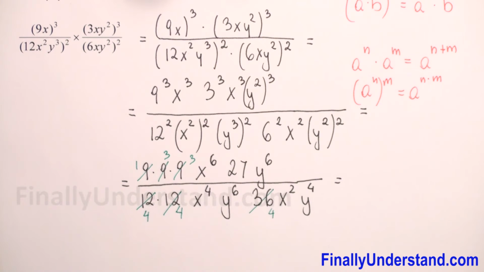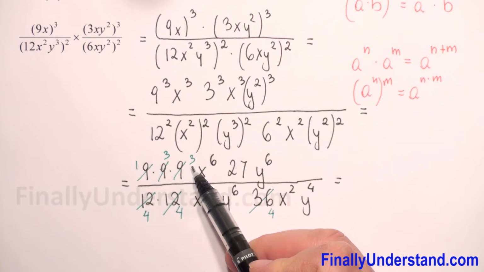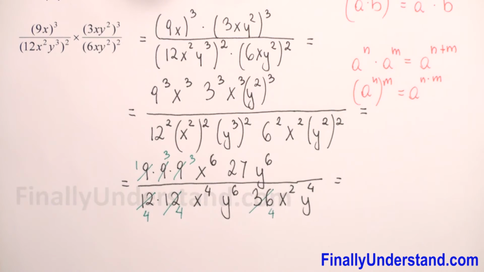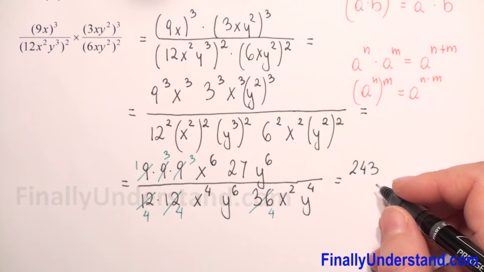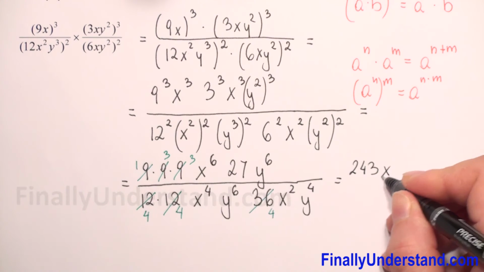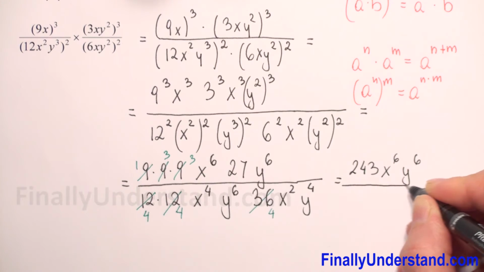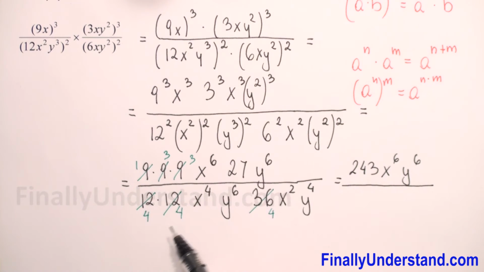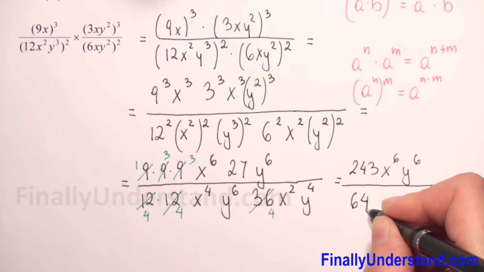So we have now 1 times 3 times 3, so this is 9 times 27. So this is 243. And we have x to 6 power, y to 6 power over, and we have 4 times 4 is 16 times 4 is 64.